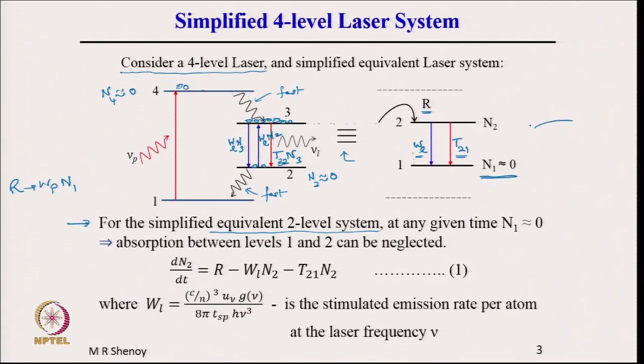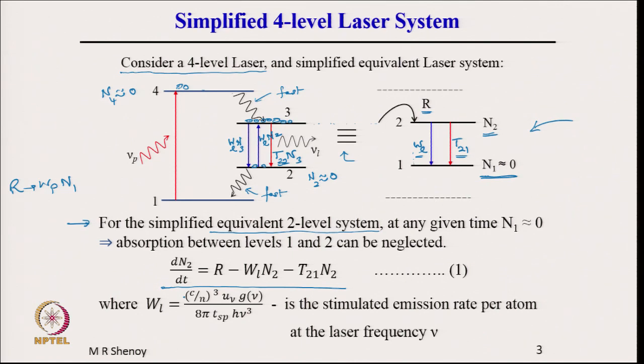Therefore, if we write the rate equation for this system, then dN2 by dt is equal to R minus WL N2 minus T21 N2. Now onwards we are looking at only the second system, which is here. We are not looking at the normal 4 level system.